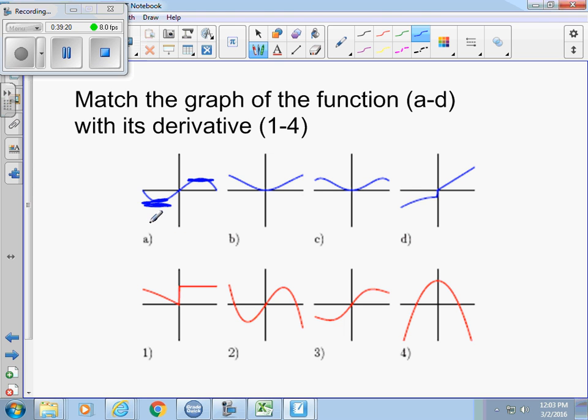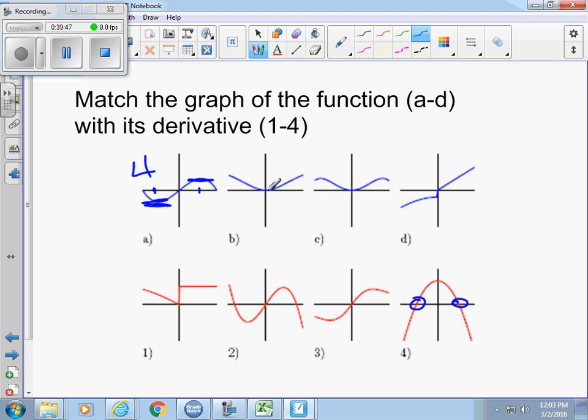So, which one crosses the x-axis over here somewhere and over here somewhere? 4. I think those are a match. Because they have horizontal tangents, the derivative should be 0. Because this is the graph of the derivative, right? It should be 0 when this has horizontal tangents.